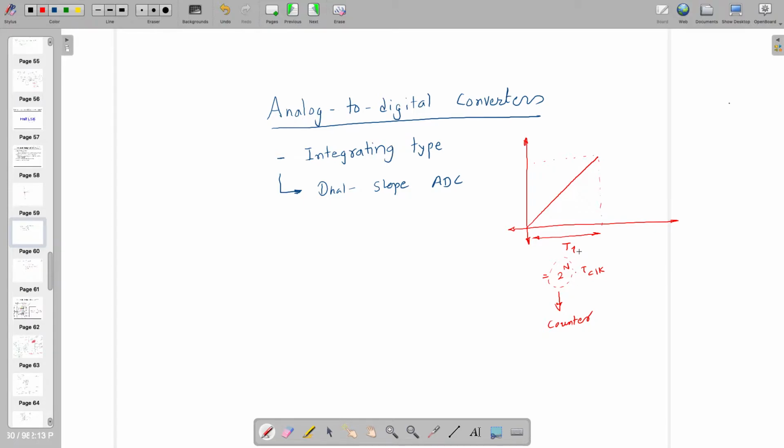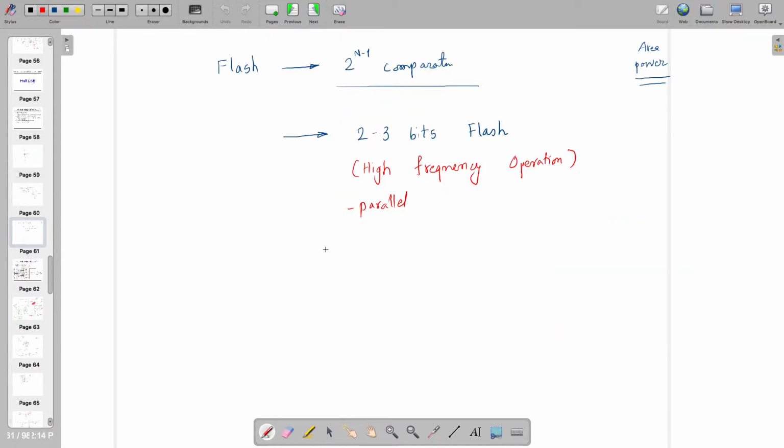So T1 is 2 raised to n times T clock. Here in flash, the answer was coming in 1 T clock, right? After 1 T clock, the analog input is converted to digital.